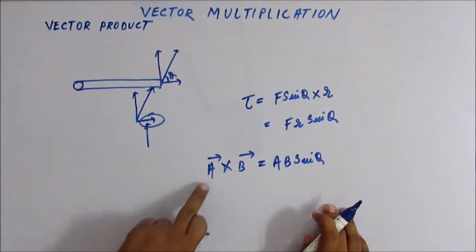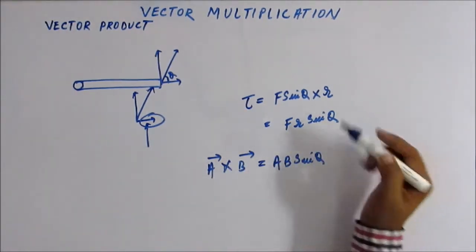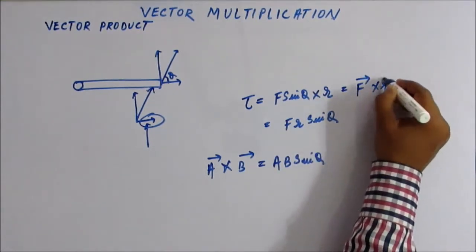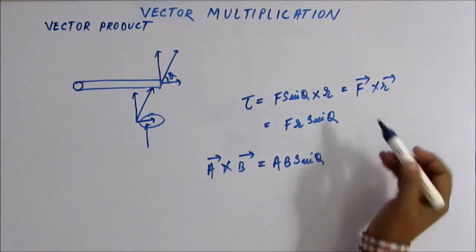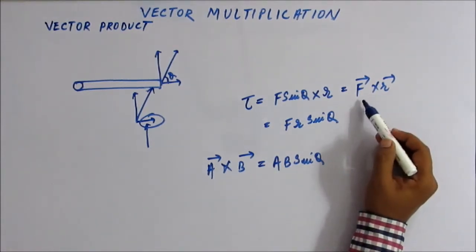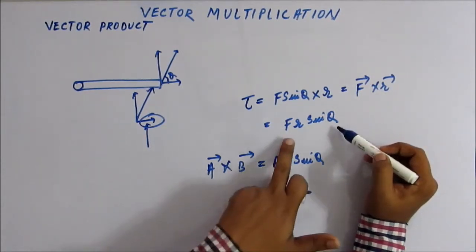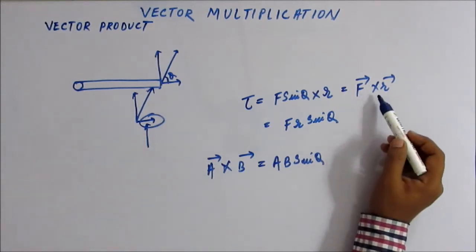If I have this kind of definition of cross product between A and B, that A cross B is equal to AB sine theta, then torque I can always write as F cross R, right? Because F cross R would be F into R into sine theta, and that is what you require actually for calculating torque. Can you see? You require F sine theta, and you will get F sine theta automatically from this definition.